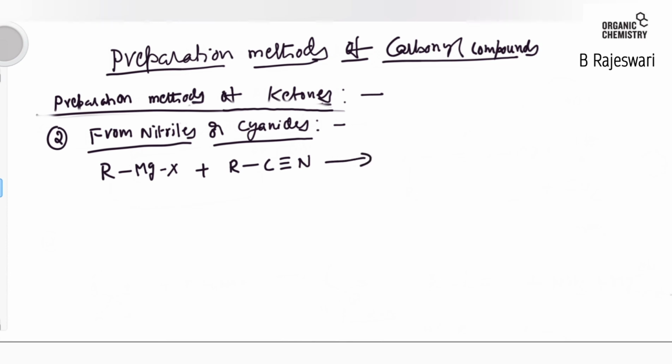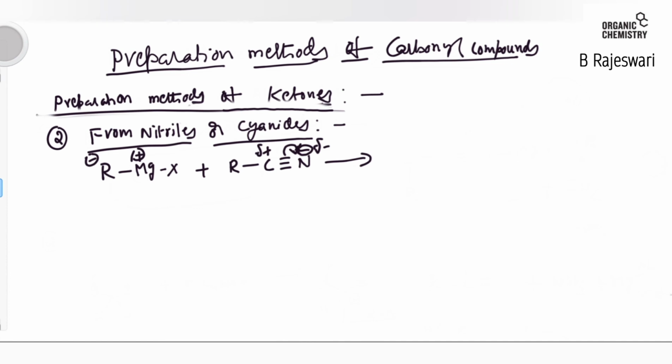This CN group is a highly polar group due to the high electronegativity of nitrogen. Therefore, nitrogen withdraws electrons towards it. Therefore, it gets a partial negative charge, and this carbon gets a partial positive charge. Magnesium is highly electropositive. Therefore, it gets a positive charge, and this alkyl group gets a negative charge.